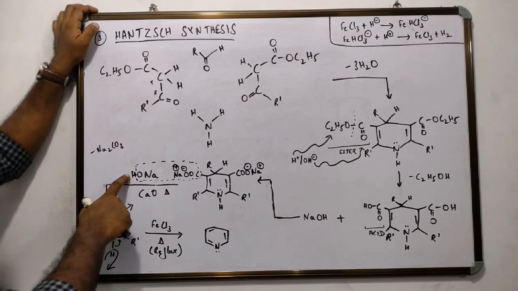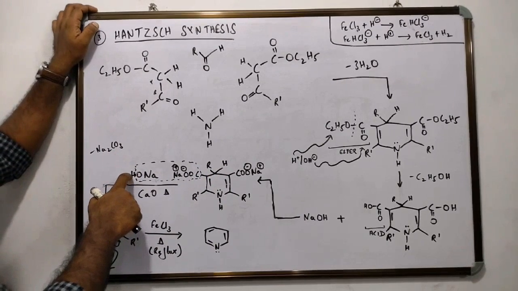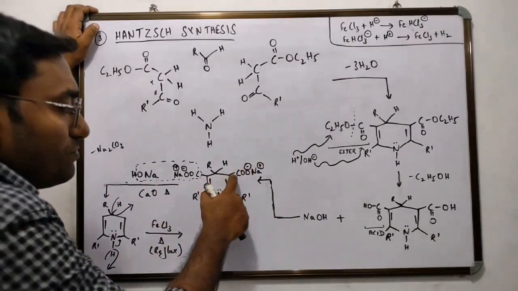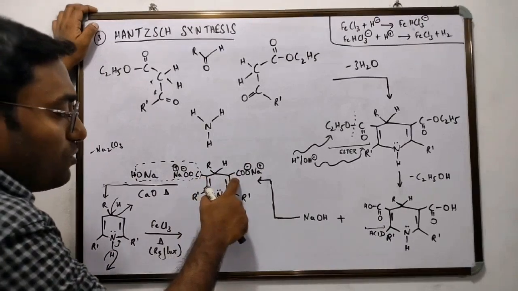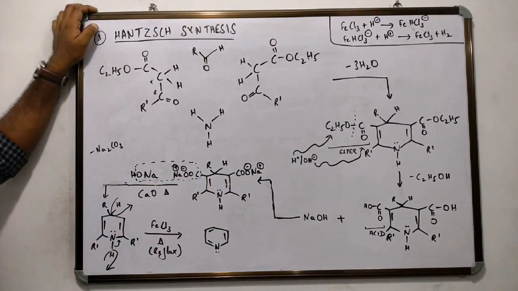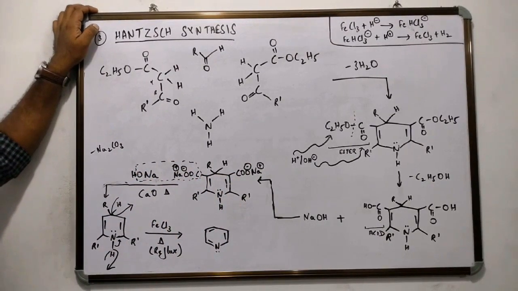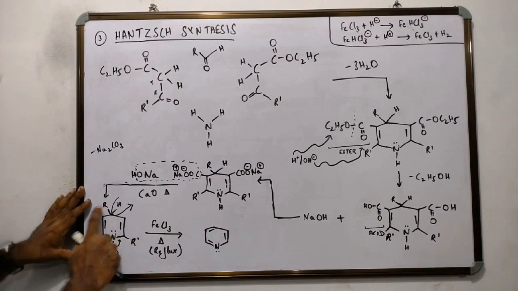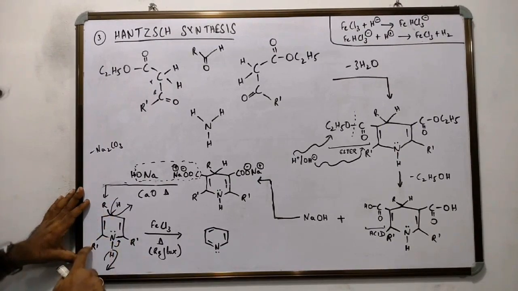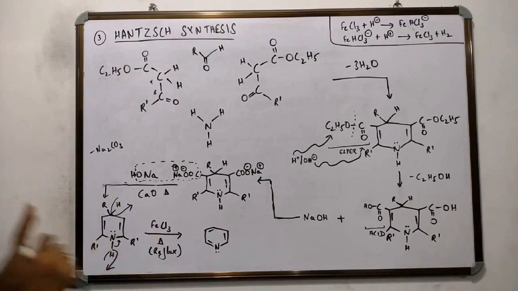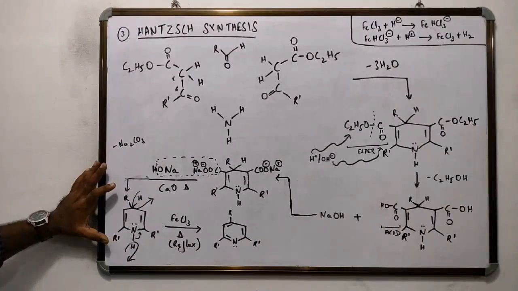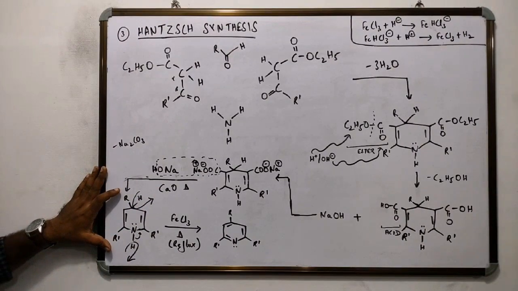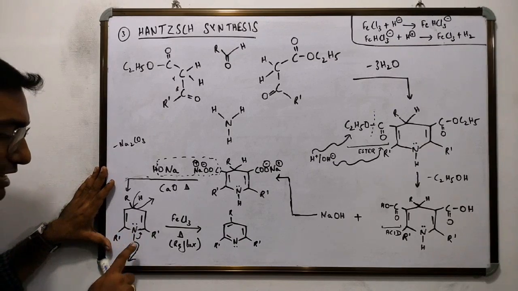The H of this NaOH goes and attaches to the ring on both sides via electrophilic aromatic substitution reaction to form 1,4-dihydro symmetrically substituted pyridine.